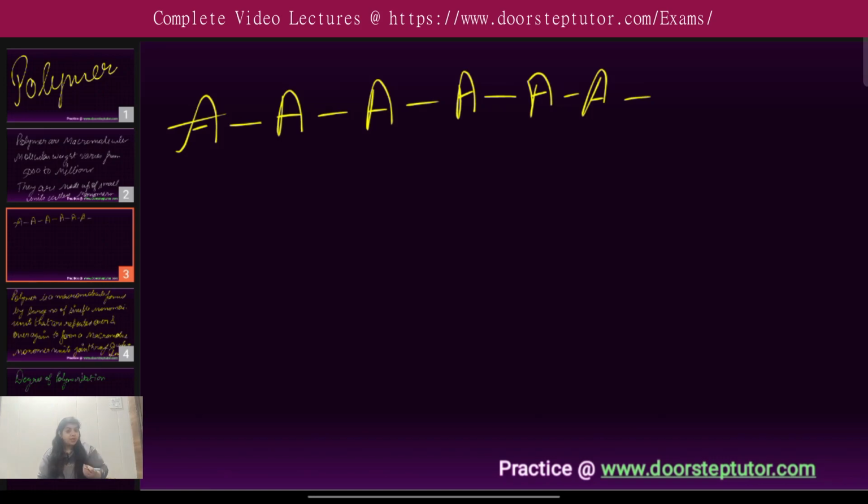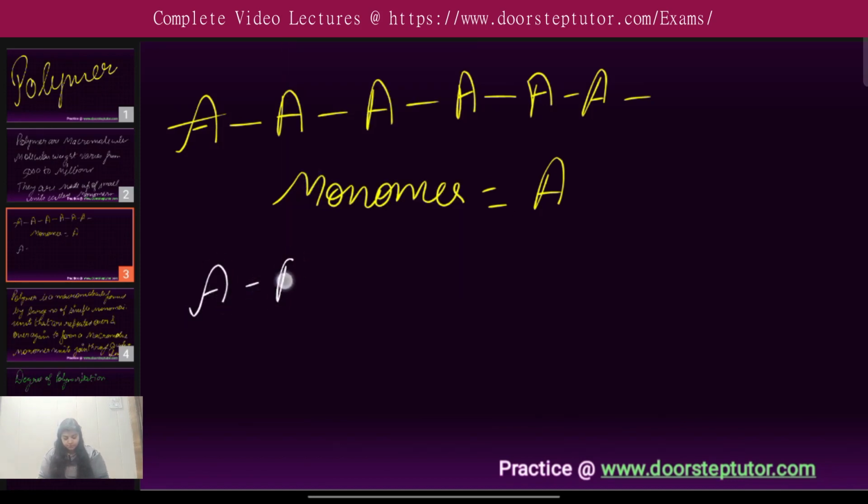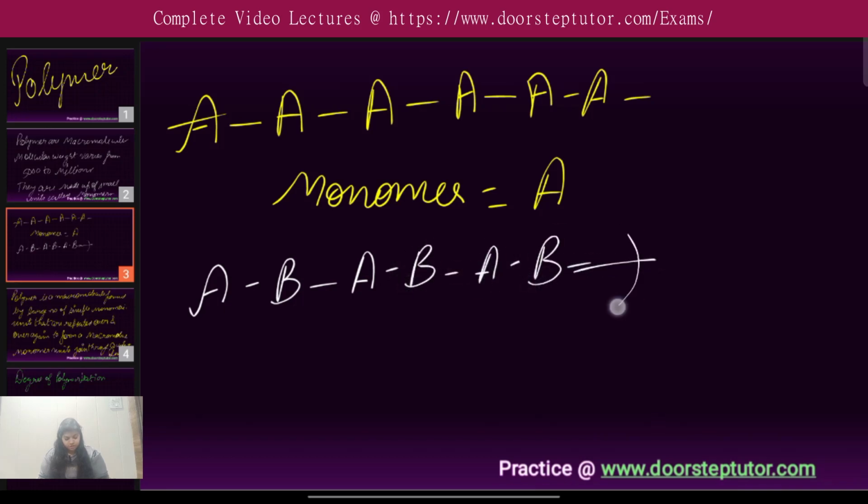Okay, so the repeating unit in this example that we have taken here, the monomeric unit, will be A. So here the monomer is A. That means the repeating unit, whichever it is, that is the monomer. Okay, so let us have a look at other ones also. Suppose this is my other polymer example. Here a large chain is there, n number of molecules are combining.